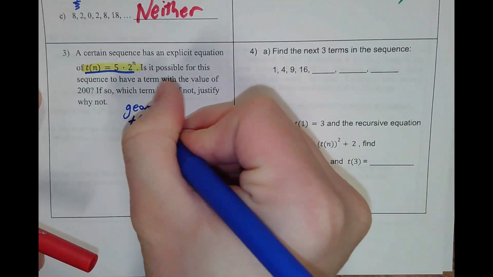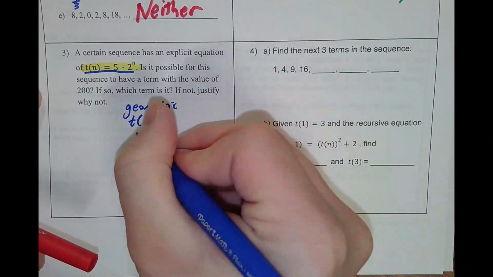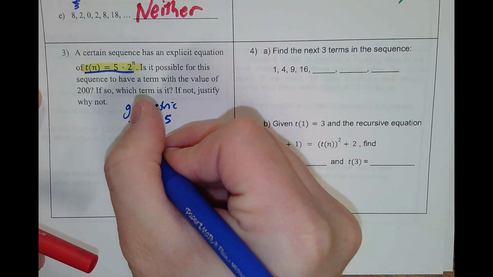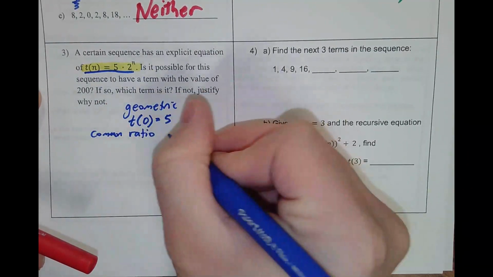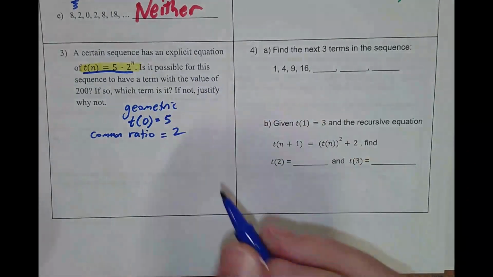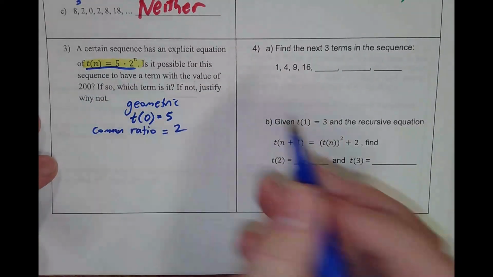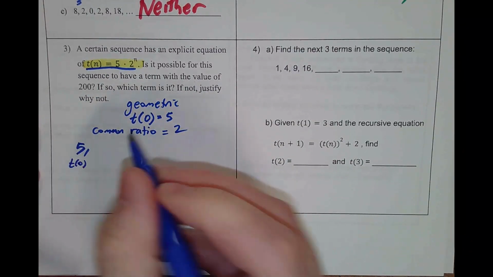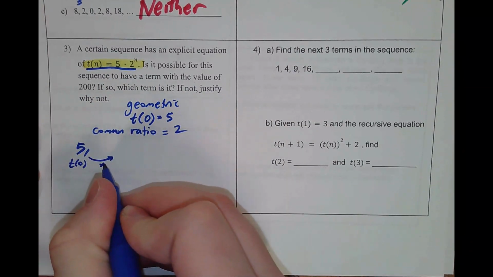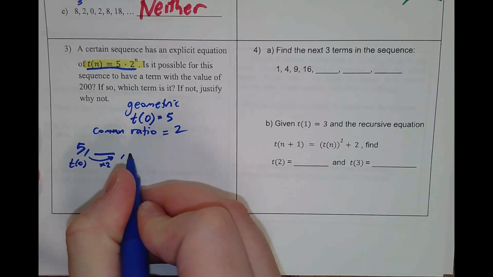The starting value is equal to 5, and the multiplier, or the common ratio, is equal to 2. So I'm going to create a list of numbers that starts with the number 5 as term 0, and I'm going to keep on multiplying by 2 to get the next number.